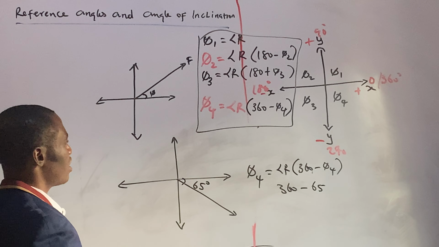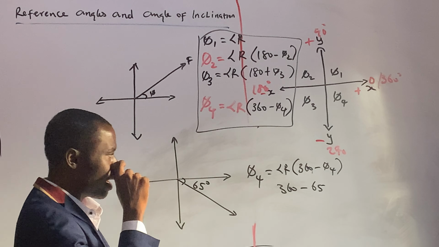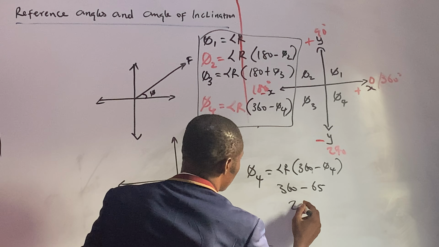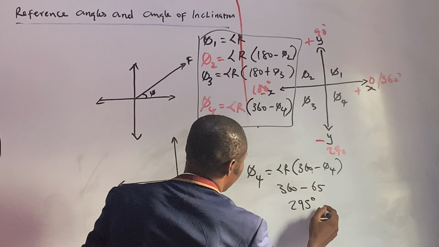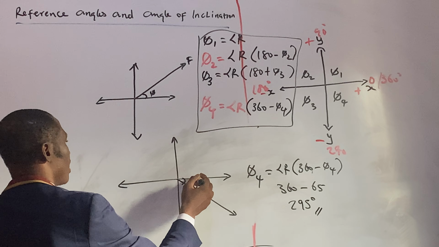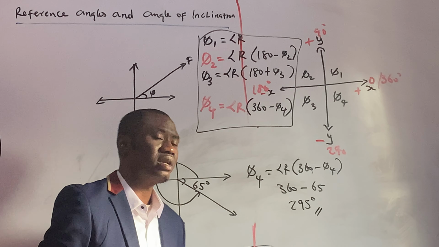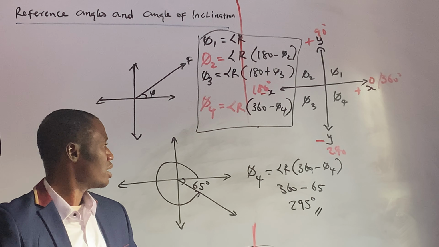That will give me 295 degrees. So from here all through to this place will give me 295 degrees. And you can solve for any angle.